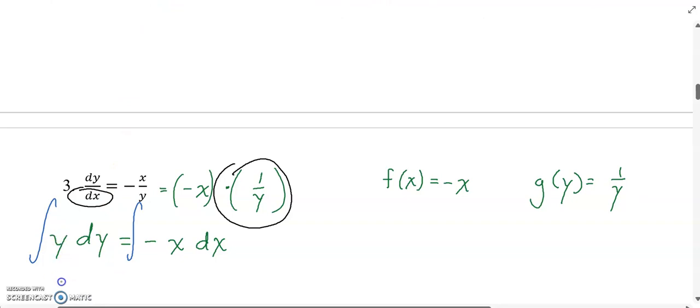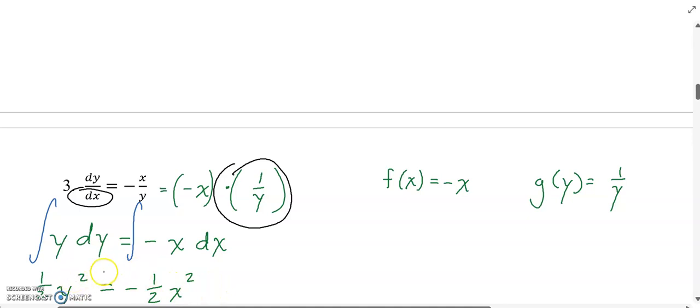This is y to the first power, so we're going to anti-differentiate this to be y to the second power, inverse power rule, but we have to divide by that new exponent. And this is, whoops, not equals, excuse me, equals. And then this negative still sticks around, and this x raised to the first power is going to change to the second power, and then we're going to divide by that new exponent. And we have to put a plus c in here.